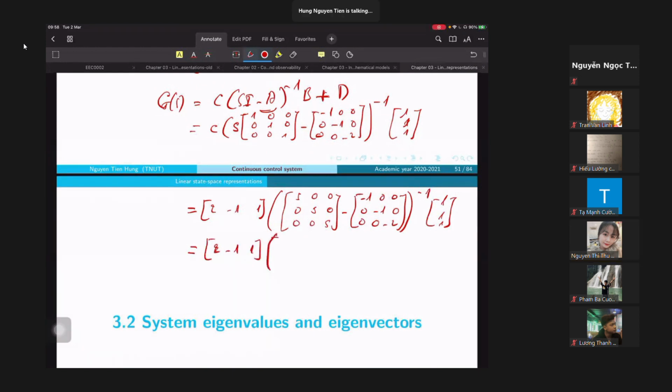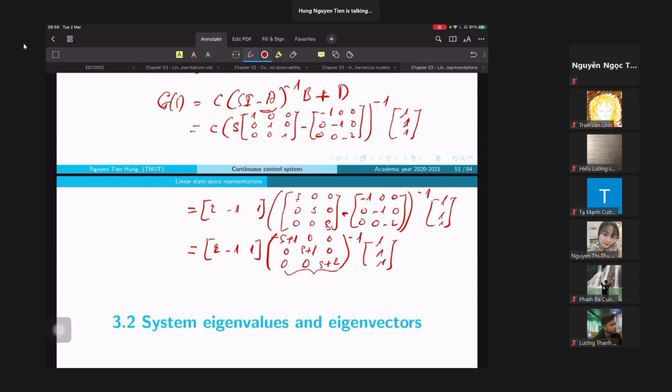Inside this, we will see s plus 1, s plus 1, and the other places are 0, and s plus 2. Okay, so we got the diagonal form here.